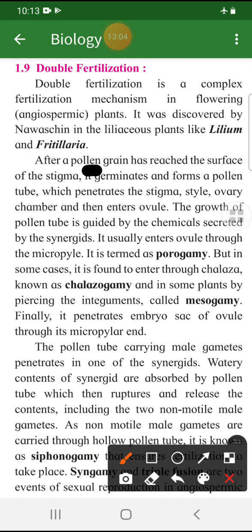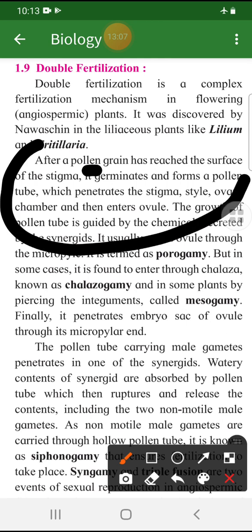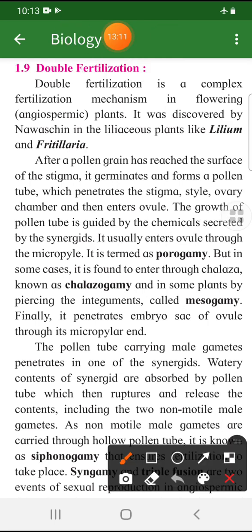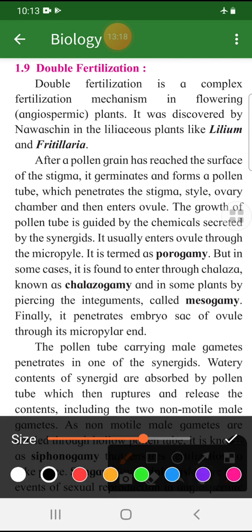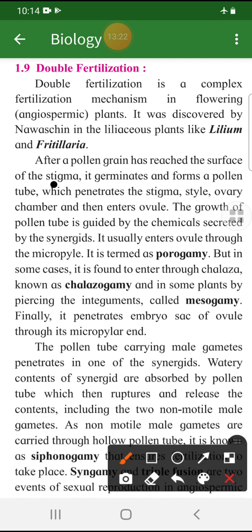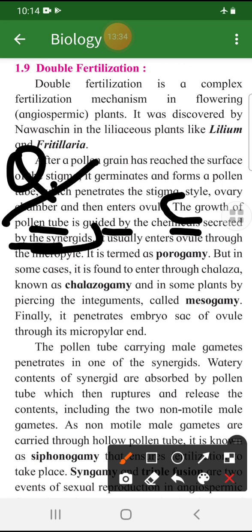After the pollen grain reaches, pollen-pistil interaction happens. And then who guides the pollen tube as it grows? This is an important thing you should know. It is guided by the chemical secreted by the synergid. It's an important question. So many questions come from this.